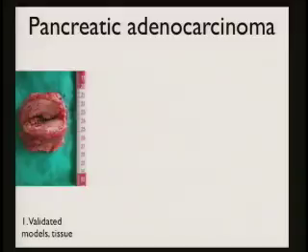There's about 28,000 new cases diagnosed in the US each year, and most of them are diagnosed at a very late stage. So the clinical challenge is to identify high-risk individuals and screen them before these cancers actually develop and when these cancers are still curable.